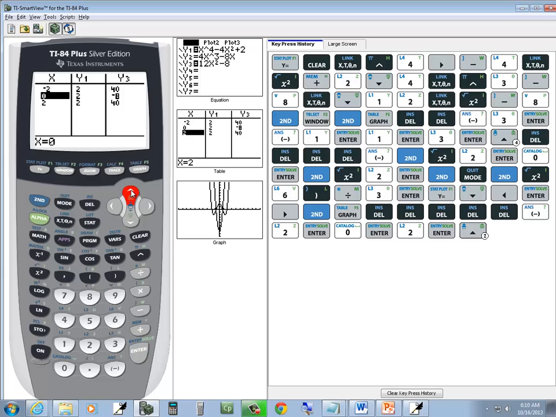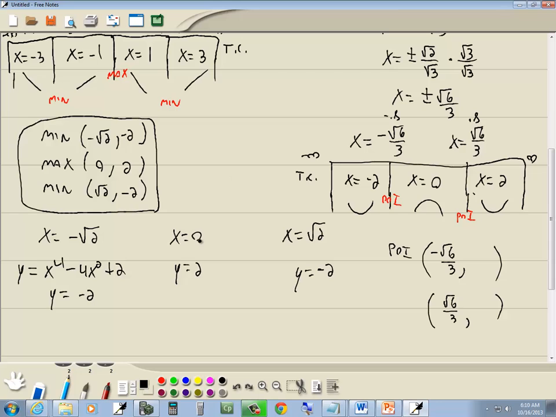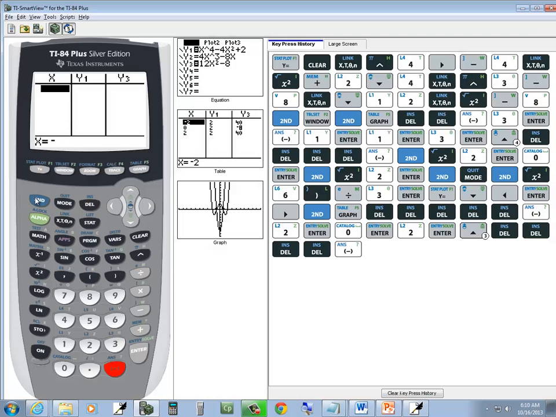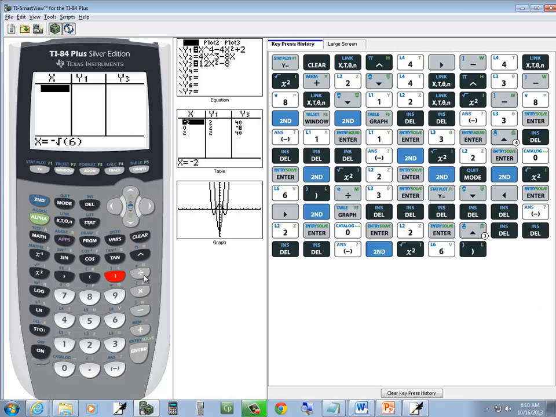So let me come up here, clean those out, press delete. And we want -√6, so second x squared, 6, closing parentheses, divided by 3, enter. Oh, I thought that came out nice. Oh well, I'm happy with decimal.